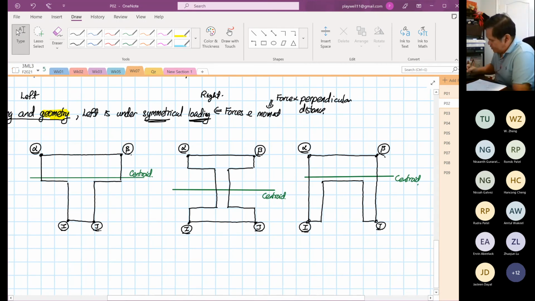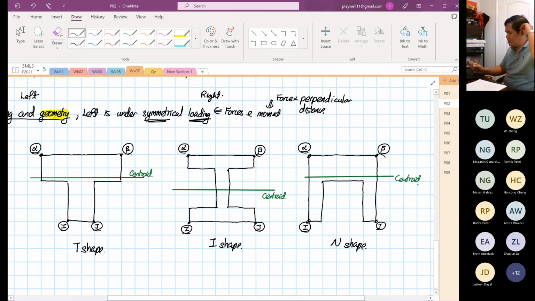Now let me ask you a question. So you have T shape, I shape, and N shape, right? Now, can anyone tell me which one is symmetrical bending? T shape, I shape, or N shape?